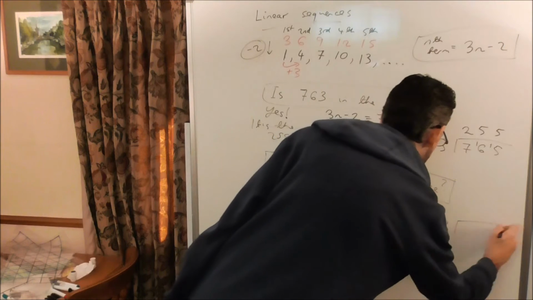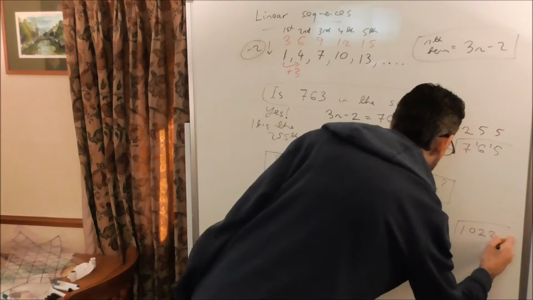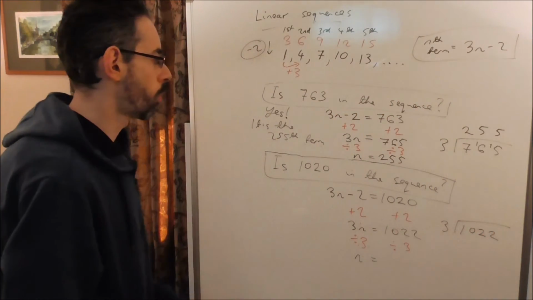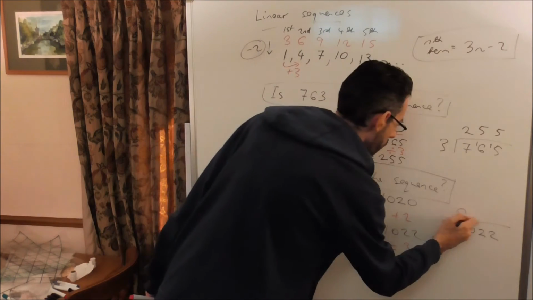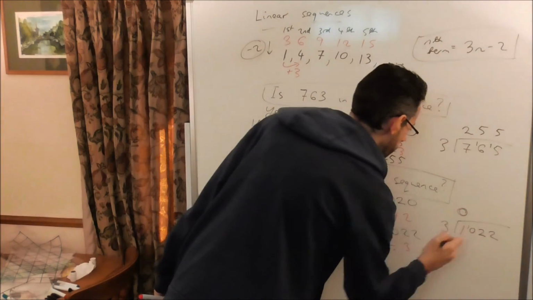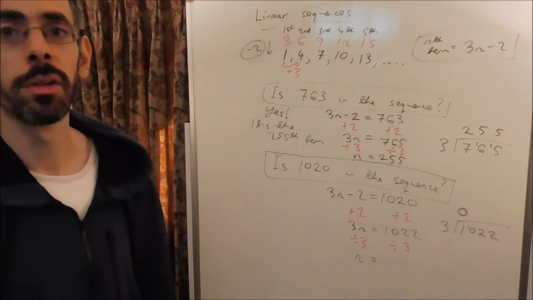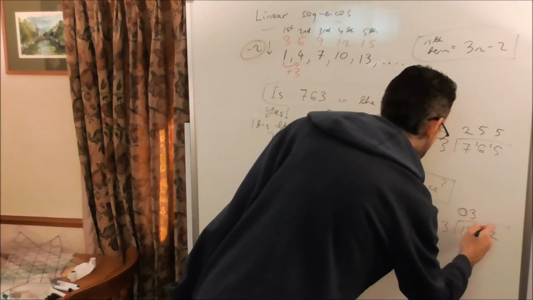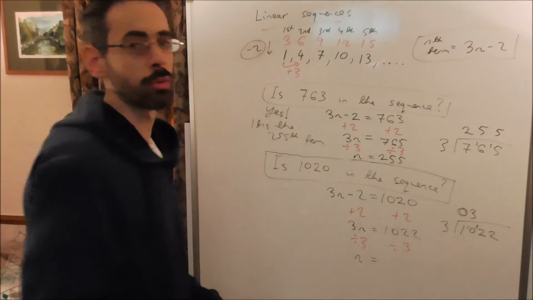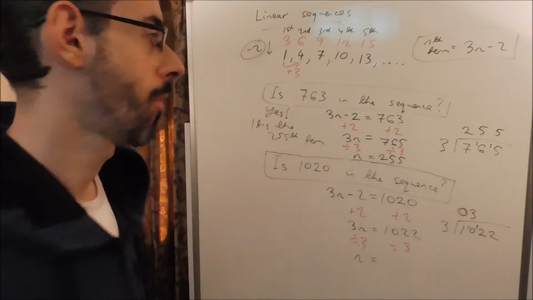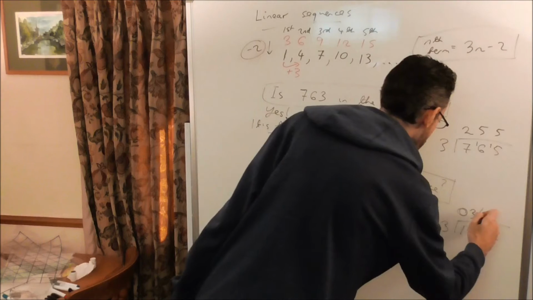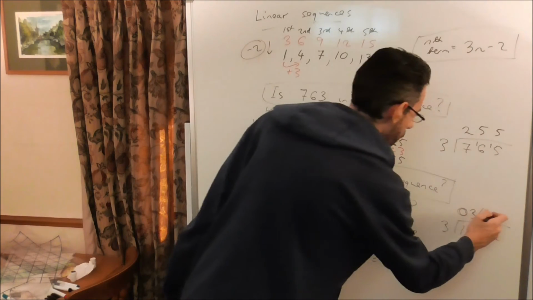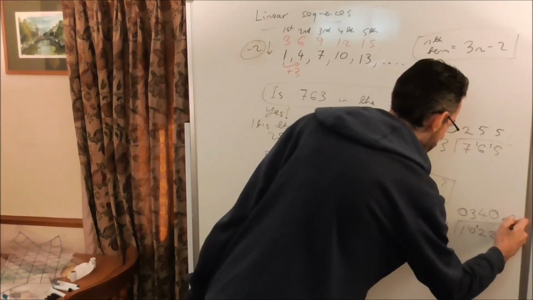So 3's into 1022. 3's into 1, doesn't go, so I write a 0 up here, and then I just carry the 1. 3's into 10, it goes 3 times remainder 1. 3's into 12, goes exactly 4 times, no remainder. Then 3's into 2, doesn't go, and there's a 2 as a remainder.